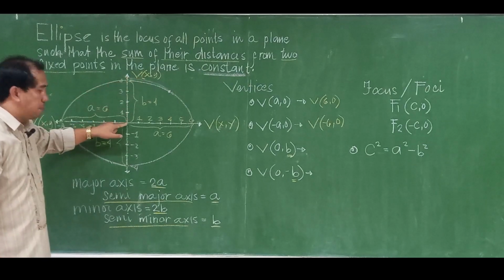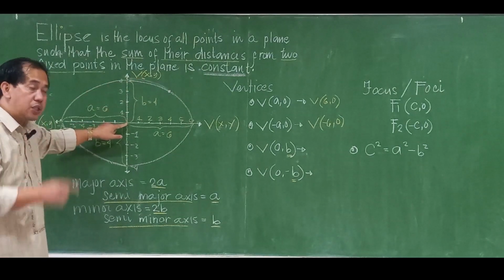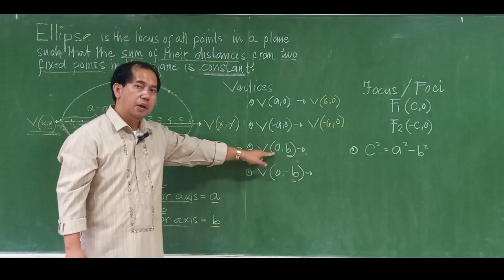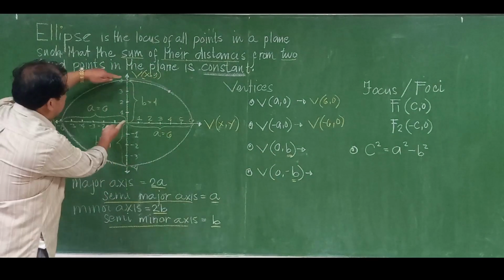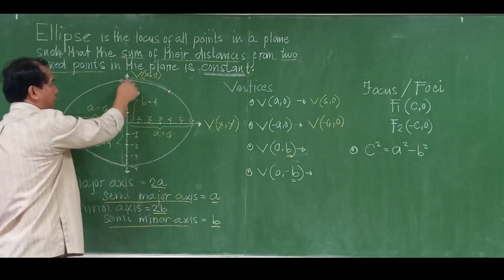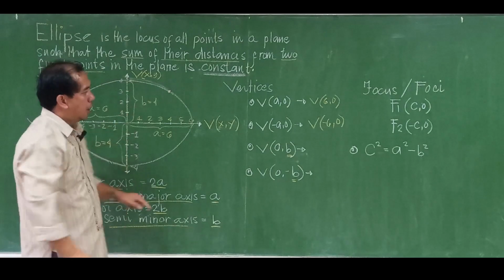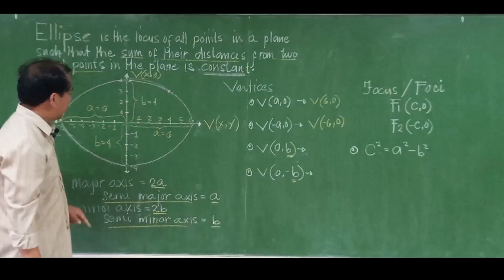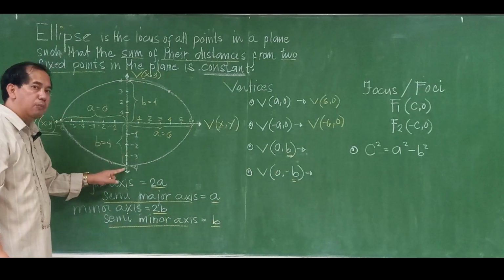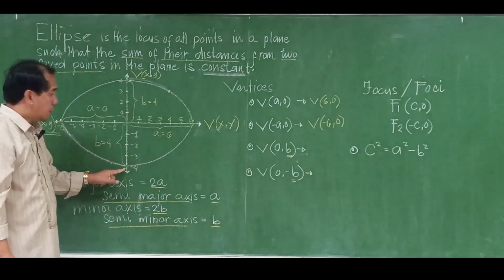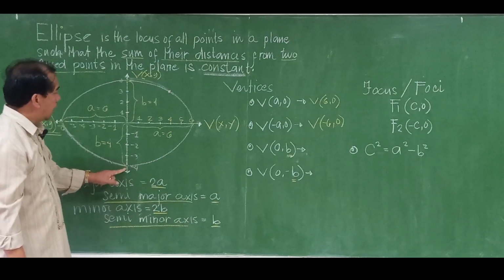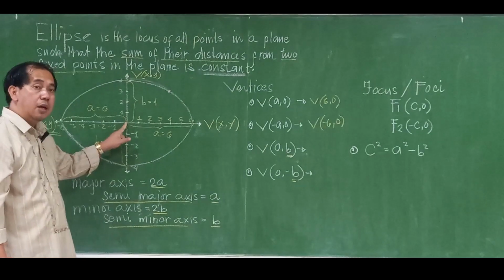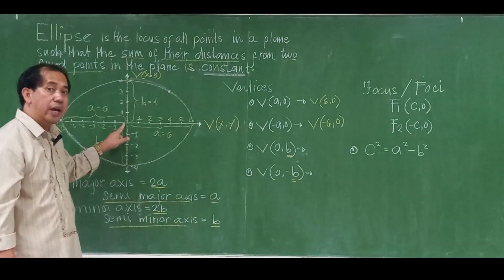Our x here corresponds to the point of origin, wherein the x is 0. Now, what is the measure of our y? That is the same as b. And so I have this one, 0, b. Now, the same as here, what must be the name of this vertex? Again, notice that my x is 0, because this point corresponds vertically to the point of origin, wherein the x is 0.